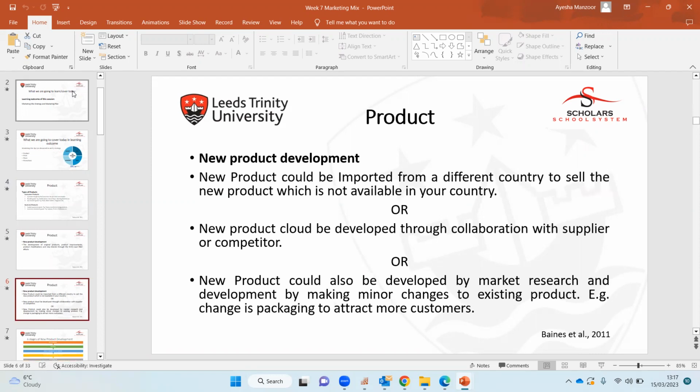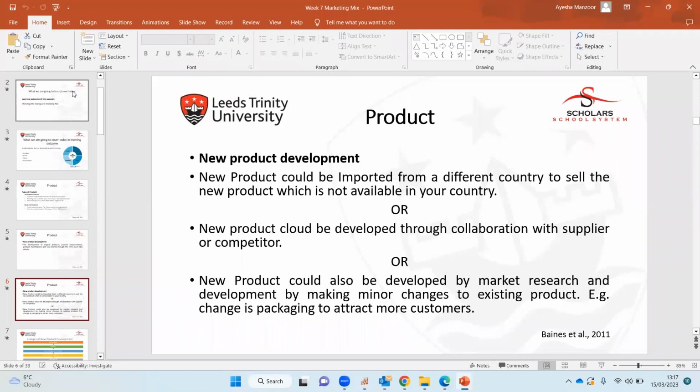New product development. New products could be imported from a different country to sell a product which is not available in your country. And new products could be developed through collaboration with suppliers or competitors. If a company observes that there is a need to produce a new product in the market according to the requirements of the customers, this is one of the factors.